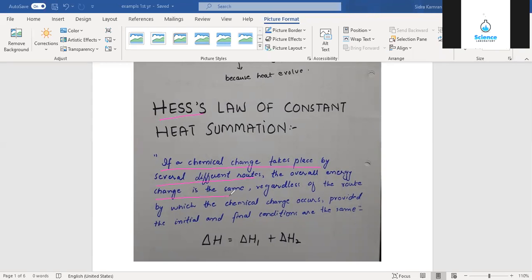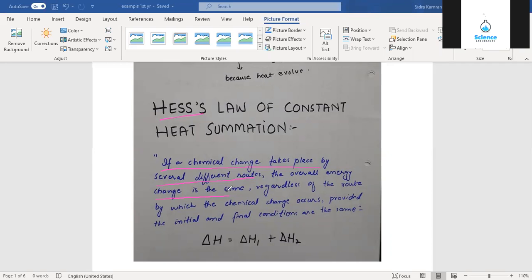If you are doing a chemical reaction in one step, or forming the same type of product from the same reactant but by different pathways, the total heat change, the total enthalpy of that reaction, will be the same.